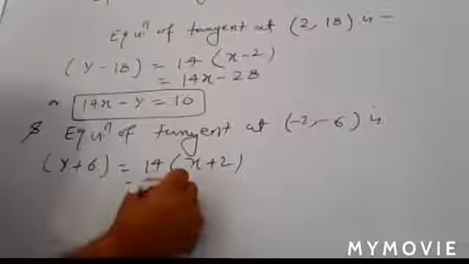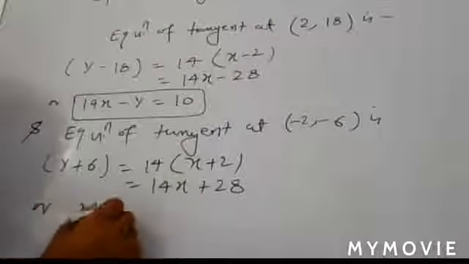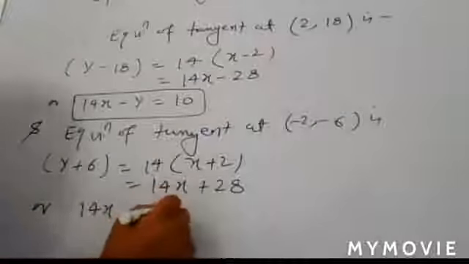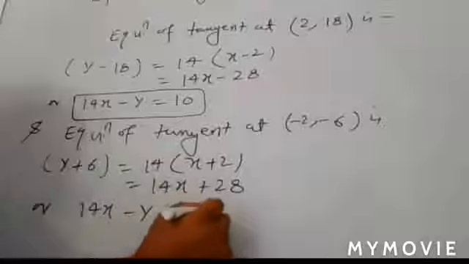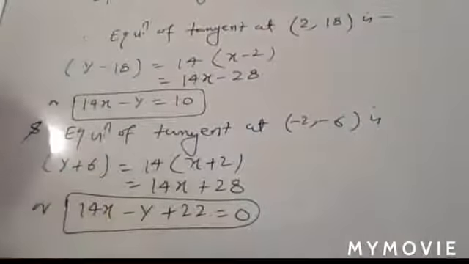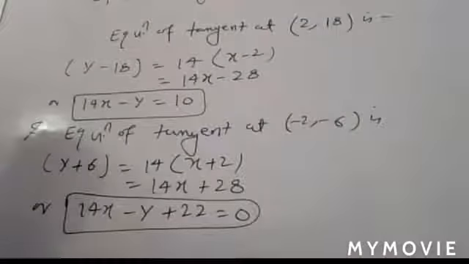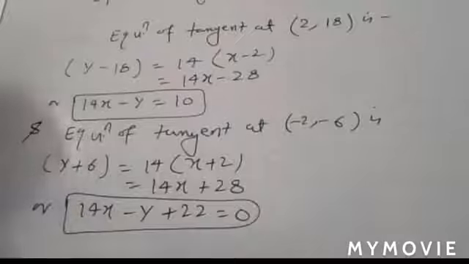So you have 14x plus 28, or 14x minus y plus 22 is equal to 0. So that is your second equation. This question was asked in 2010. Note it.